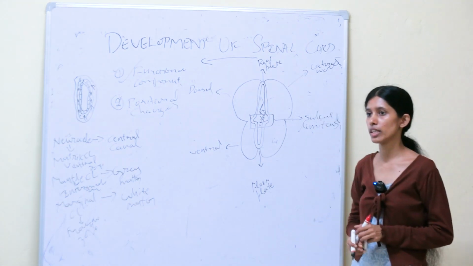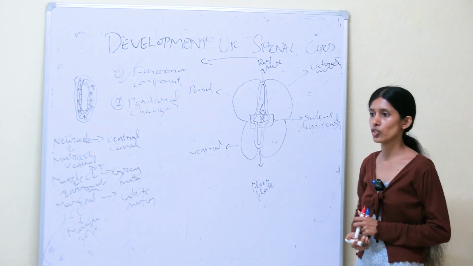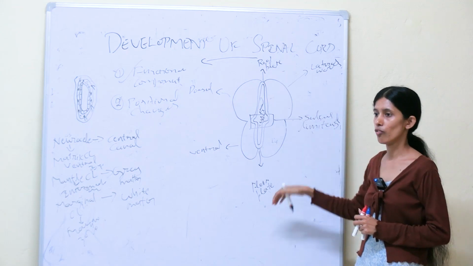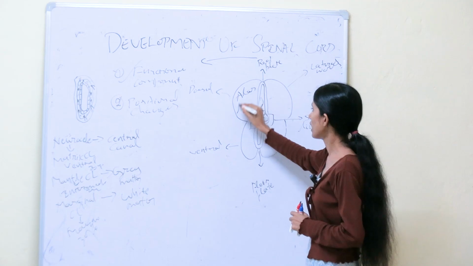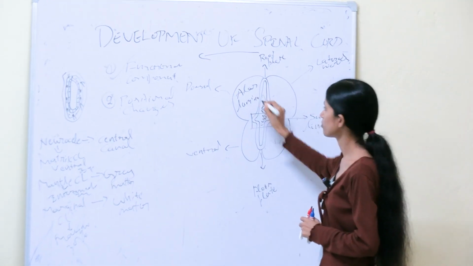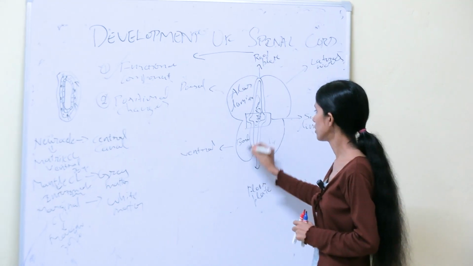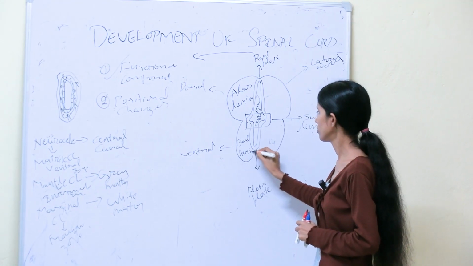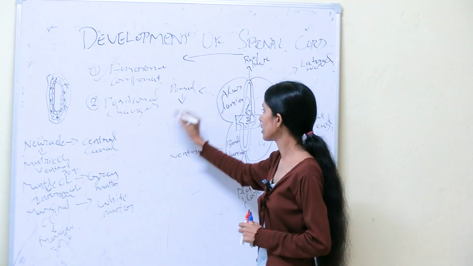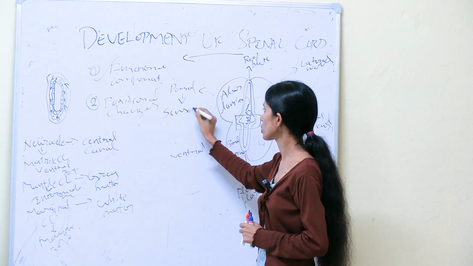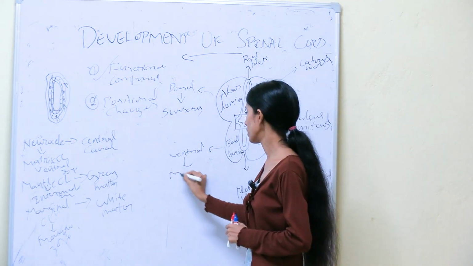So, sulcus limitans is the structure that divides your entire spinal cord structure into dorsal part and ventral part, okay. The dorsal part is also referred as alar lamina and the ventral part is also referred as basal lamina, okay. Your alar lamina is sensory in function and your basal lamina is motor in function, okay.